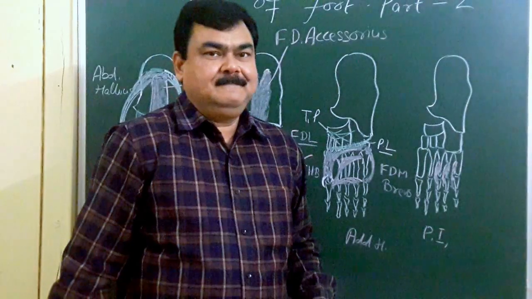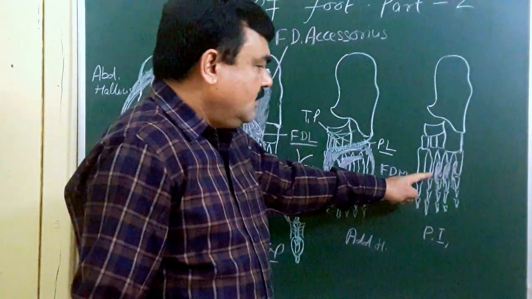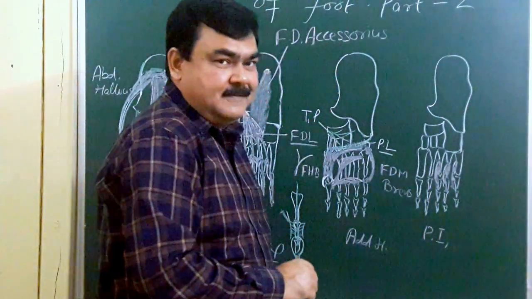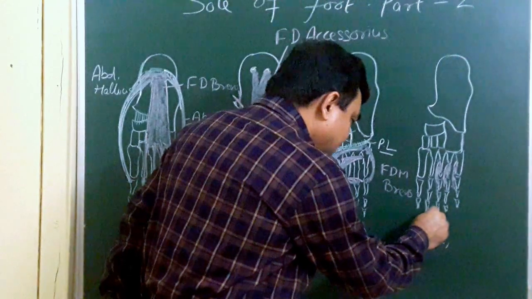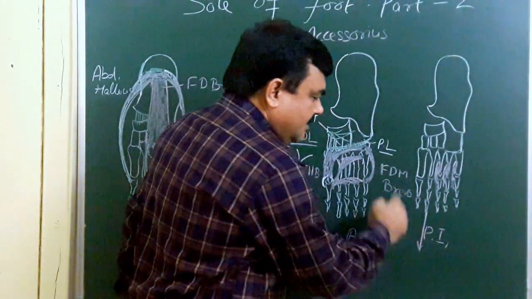The action of this is adduction. So the action of plantar interossei is adduction. Here is the central axis, so the adduction is towards the second toe.